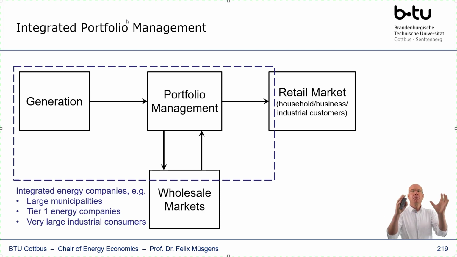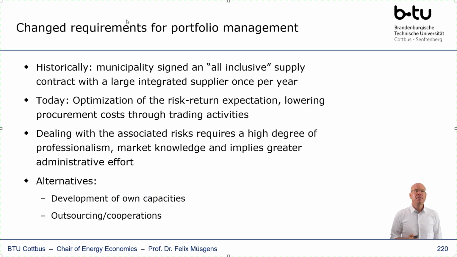So that's what we now have to briefly discuss. There are changed requirements for portfolio management. Historically, municipalities and also large industrial consumers signed an all-inclusive supply contract with a large integrated supplier once a year.